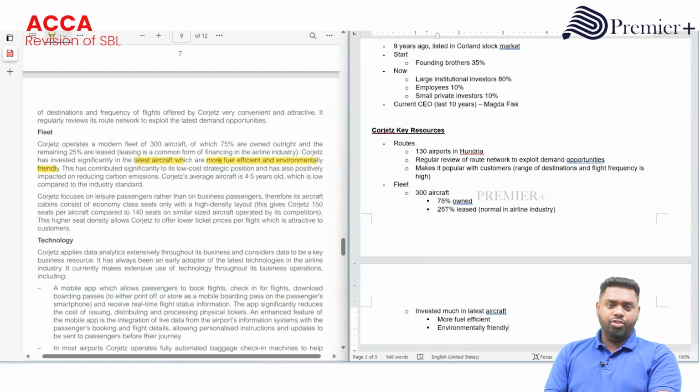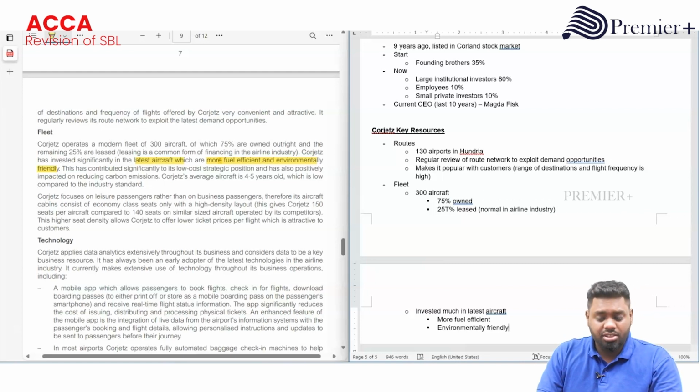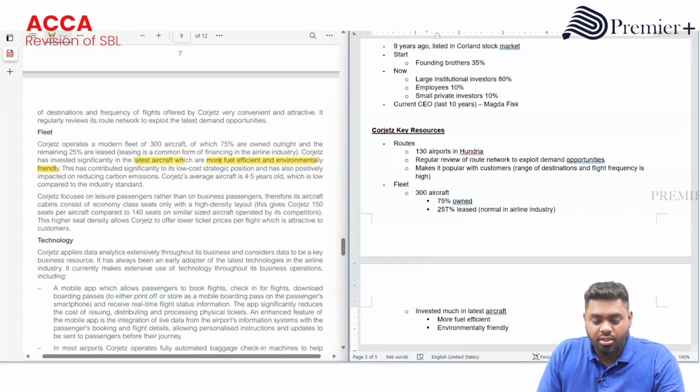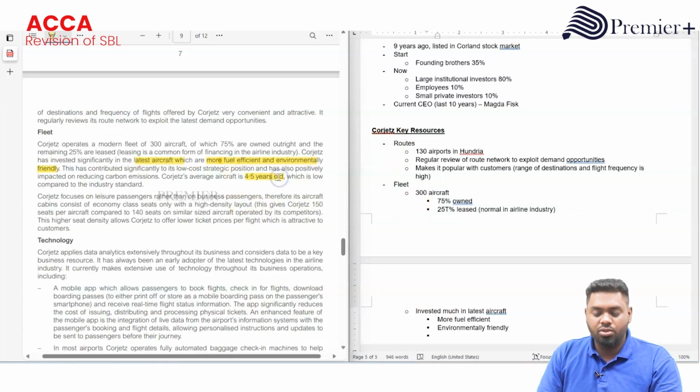Environmentally friendly, which will not arouse the hatred of pressure groups, but also might get the support of pressure groups. This has contributed significantly to its low-cost strategic position and has also positively impacted on reducing carbon emissions. Cojet's average aircraft is 4.5 years old, which is low compared to the industry standard.